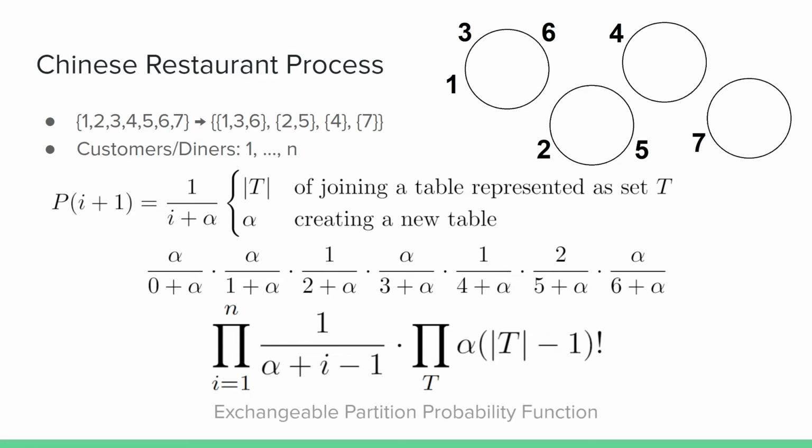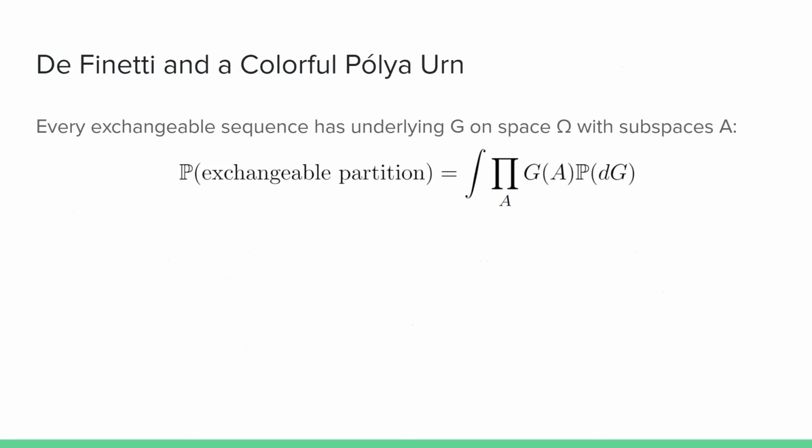This is called an exchangeable partition probability function. The probability is only dependent on the total number of diners and the cardinalities of the tables, or the partition sets, and not who is at what table. De Finetti showed that if you know this exchangeability about a sequence of random variables, the fundamental theorem of Bayesian analysis tells us that there's an underlying representation G, like that from before, that we can find a probability measure over.